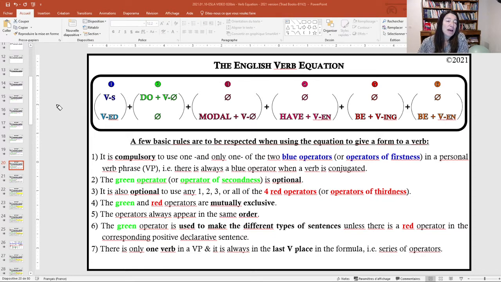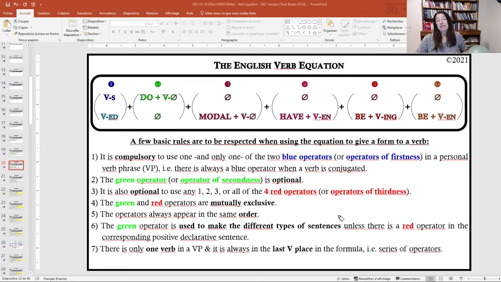But as soon as you have more than one operator, so if you have a blue operator and another one, you have a formula in which there are more than one V places. In that case, you need to know that there is only one verb in a verb phrase, that is to say in a verb group, and that the verb is always in the last V place in the formula.